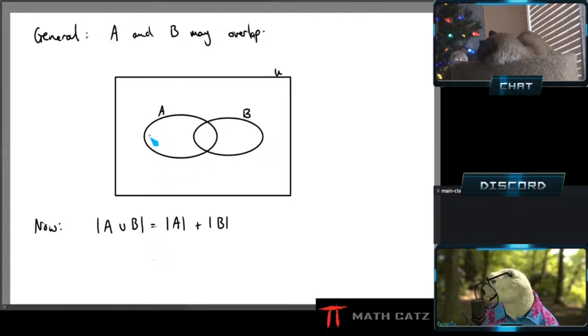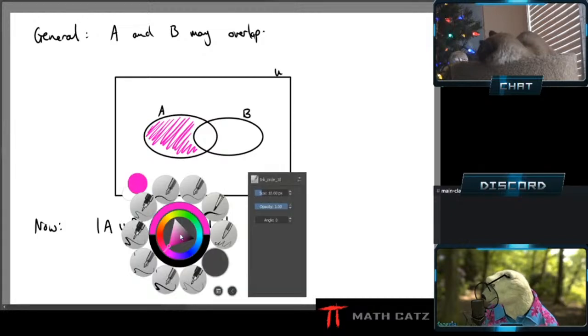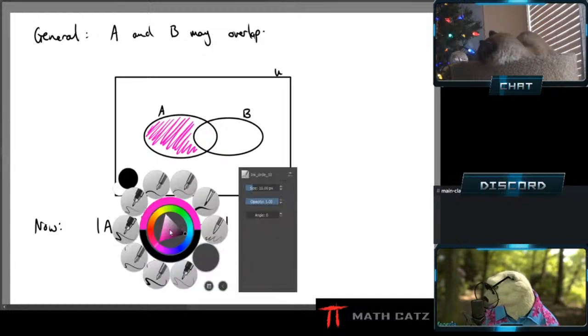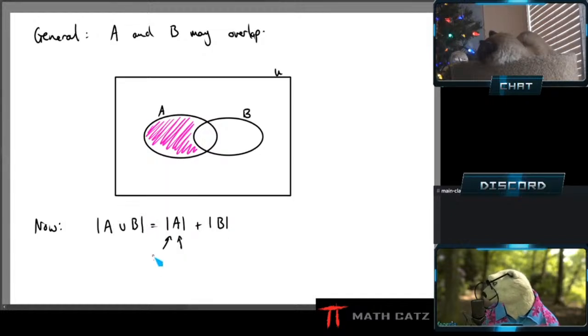Let's go pink. Now A consists of two regions. We have the pink region, and a part of A is also this overlap section here. Let's make it purple.